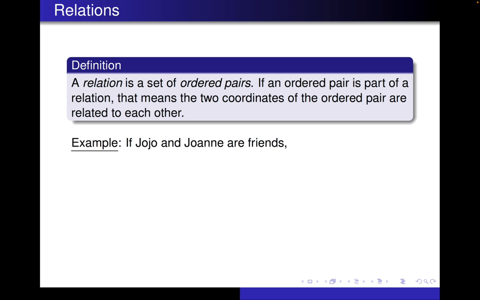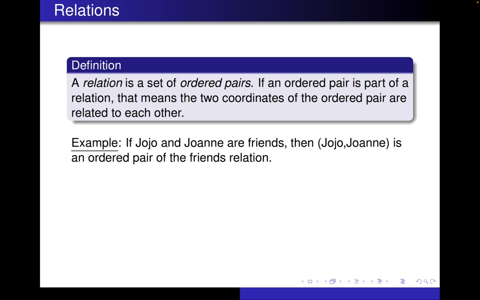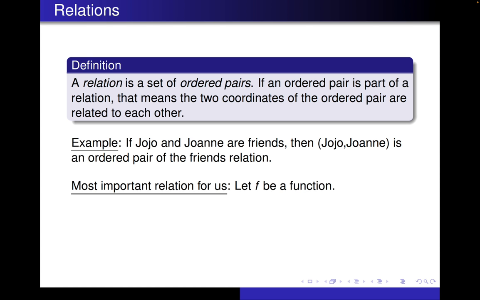So for example, if Jojo and Joanne are friends, and we're looking at the friendship relation, then the ordered pair Jojo, Joanne is an ordered pair that is part of the friends relation. Now, friendship is an important relation in real life, but in terms of our class, a more important relation for us is going to be the relation of being a function.